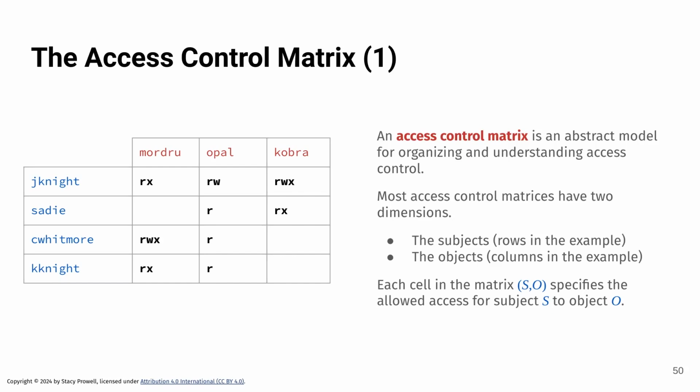Well, read and execute. He can read Mordu and he can execute Mordu. What about Sadie? Sadie has no permissions for Mordu. Can't read, can't write, can't execute. But Sadie can read Opal and can read and execute Cobra. All right. So a cell in the matrix, subject object, tells us something about the allowed access for that subject to that object.